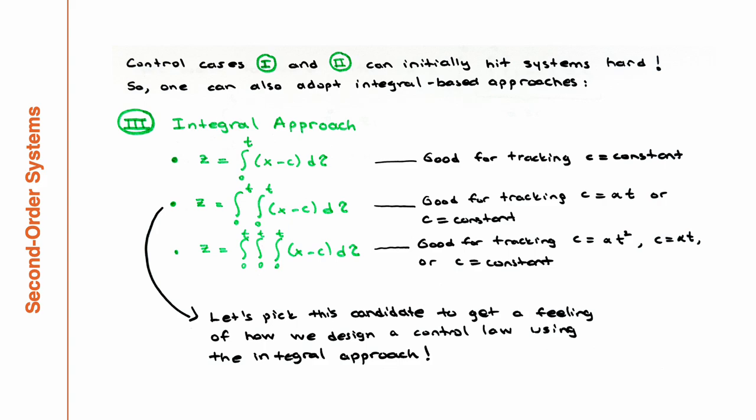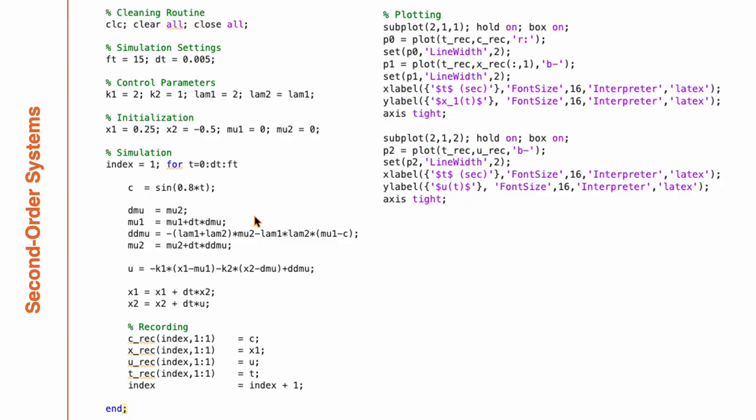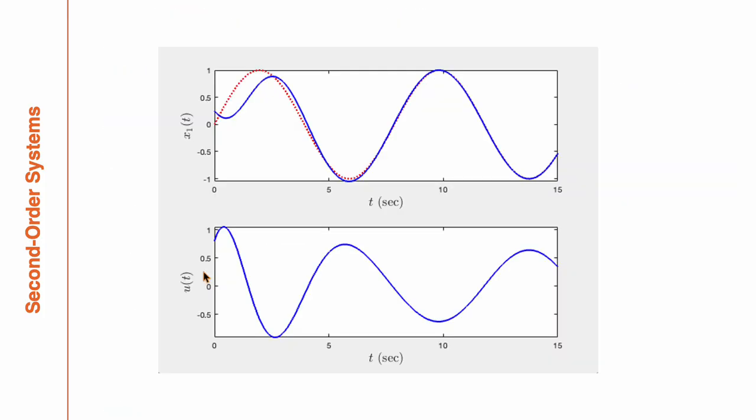This is one reason. Second reason, the controller types 1 and 2 can initially hit the system hard. Because simply look at here. You have K1, and let's say you are using a large K1, which is related with your position versus mu1. Mu1 is an approximation of the command. Actually, you know what?